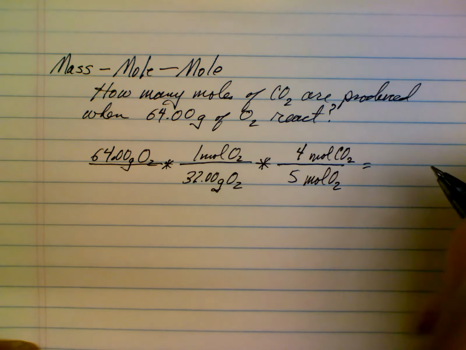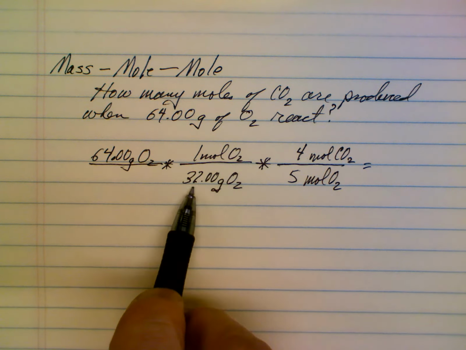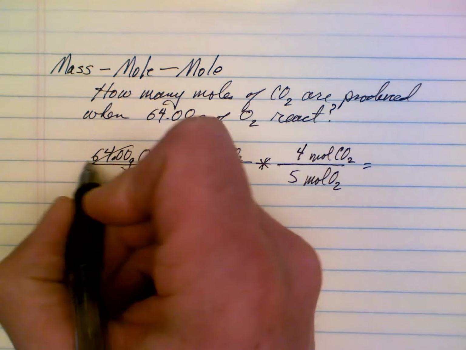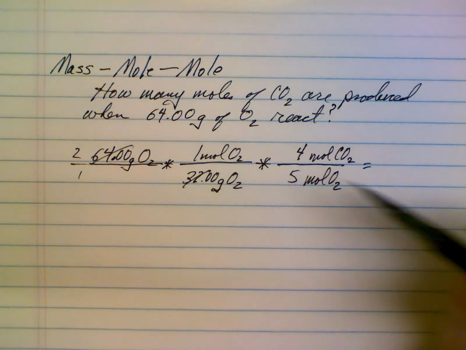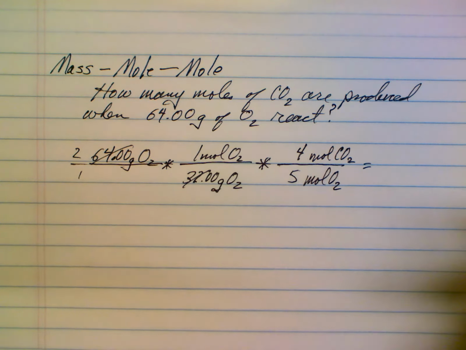And we punch this in our calculators. Maybe you can see that 32 goes into 64 twice, and so really we're going to have 4 times 2 is 8, divided by 5.